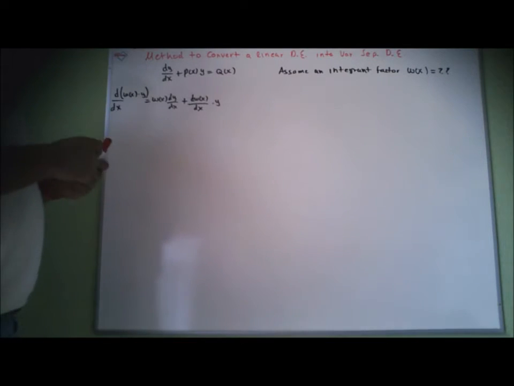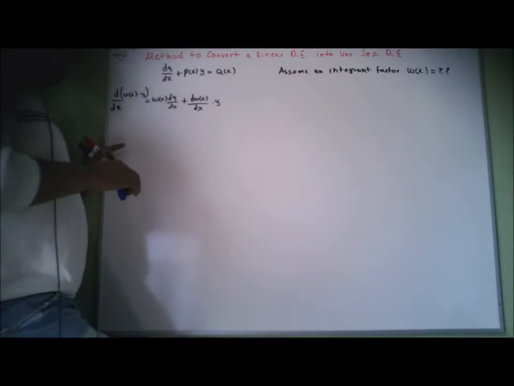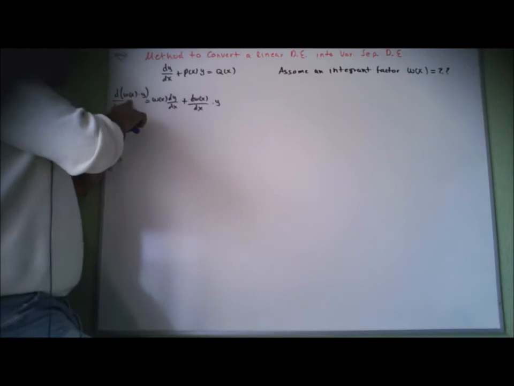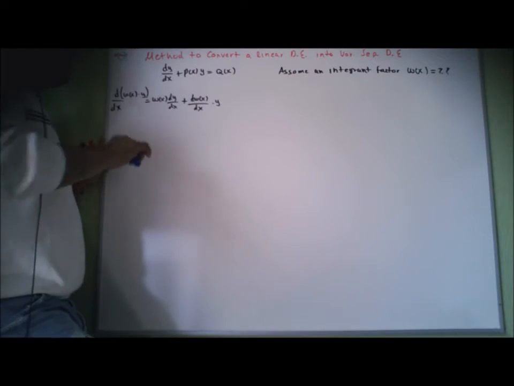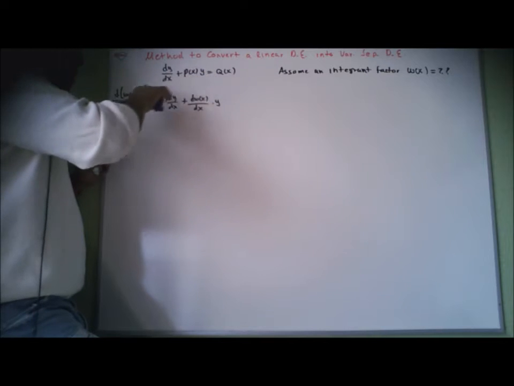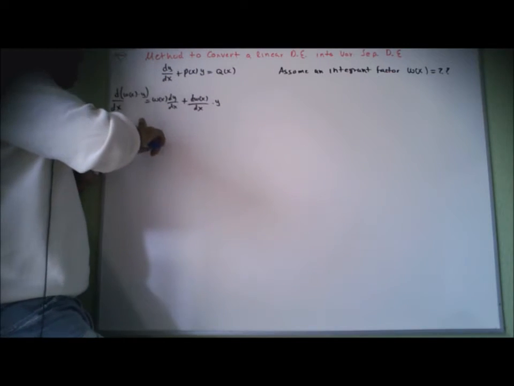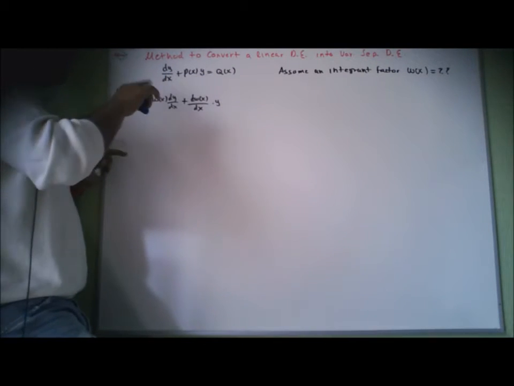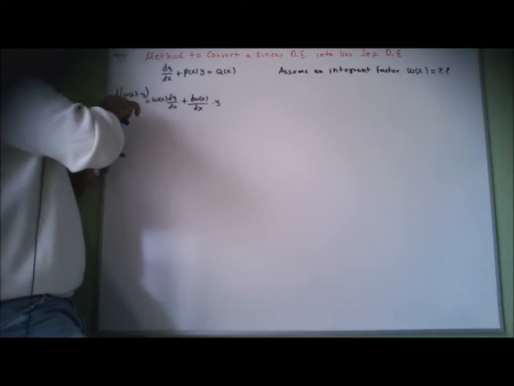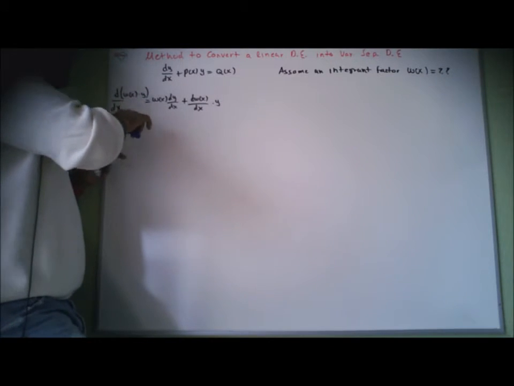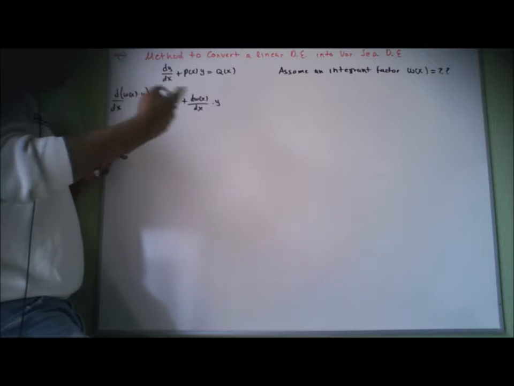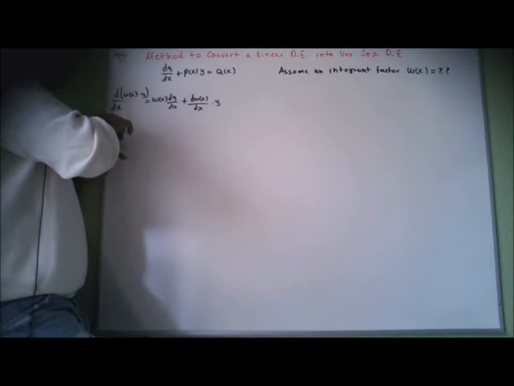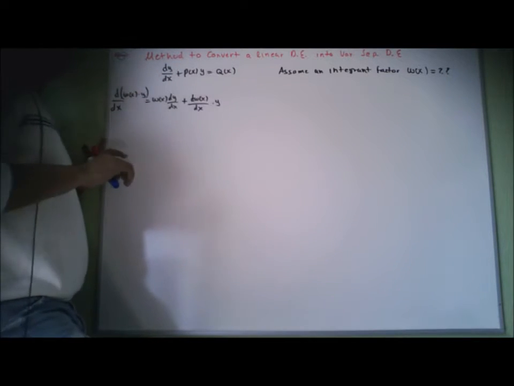Okay, now assume that you have the w of x times y. We don't know yet what the value of that integrand factor is going to be, but assume that you have the multiplication of that integrand factor times the y. And imagine what will happen if you take the derivative with respect to x of that multiplication.